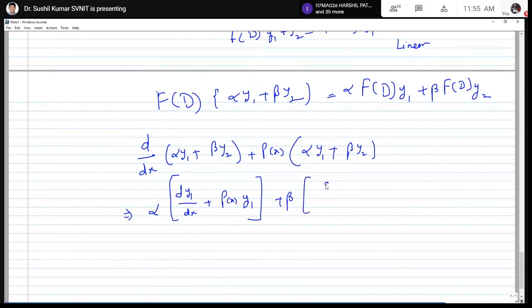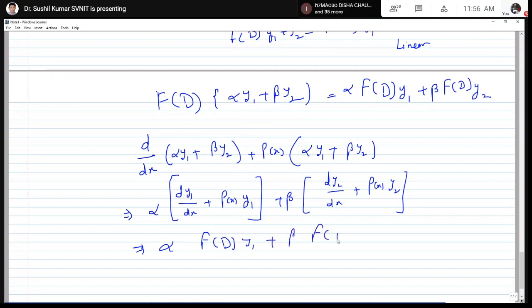Plus beta dy2 over dx plus p(x) y2. You can check it. It is alpha into f(D) y1 plus beta into f(D) y2. So this equation is a linear equation.